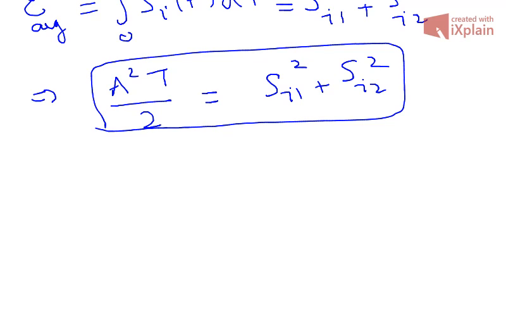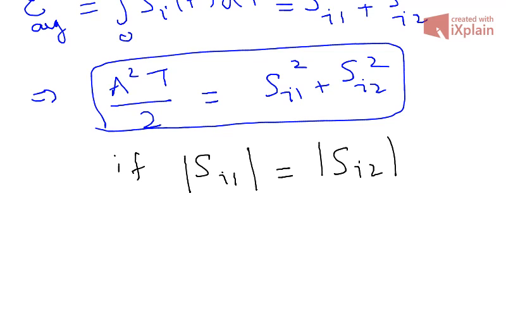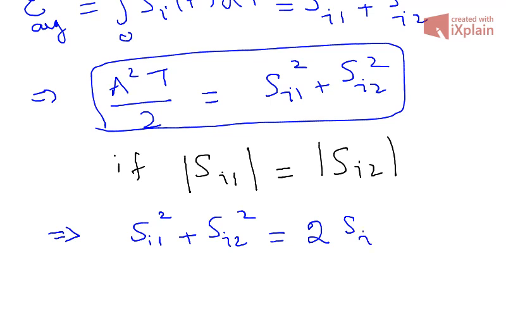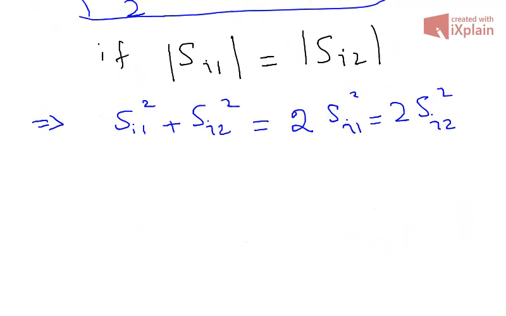And if the magnitudes of psi1 and psi2 are the same, then we can write that psi1 square plus psi2 square would be equal to 2 times psi1 square, which is the same as 2 times psi2 square, right?